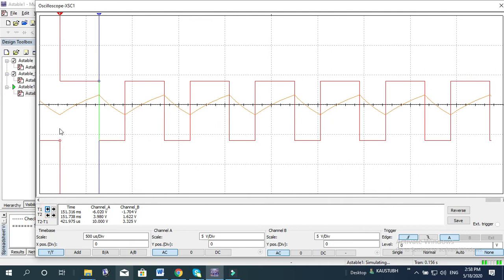Okay, now the time. T1 is 151.316 and T2 is at, okay.